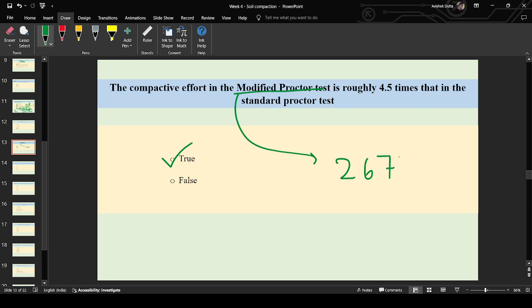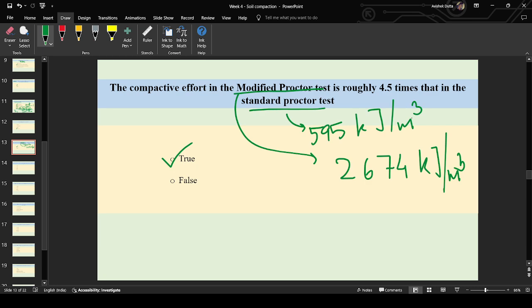In the modified Proctor test, the compactive energy is 2674 kilojoule per meter cube. And for the standard Proctor test, as I've written, it is 595 kilojoule per meter cube. So it is roughly 4.5 times.